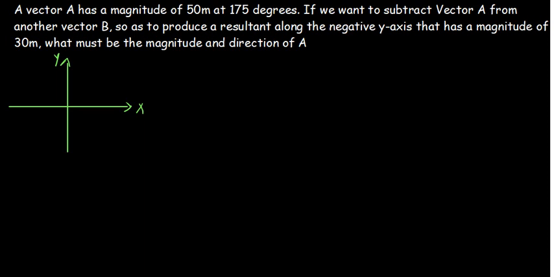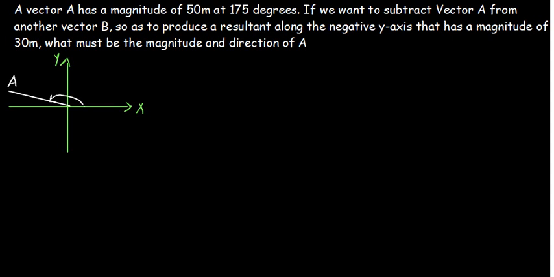Now in which quadrant do we expect to find 175? We know this is 90 degrees, this is 180 degrees. Obviously the 175 should be in the second quadrant, right? So we're going to put this vector in the second quadrant and it should be very near to 180. So this is our vector A.